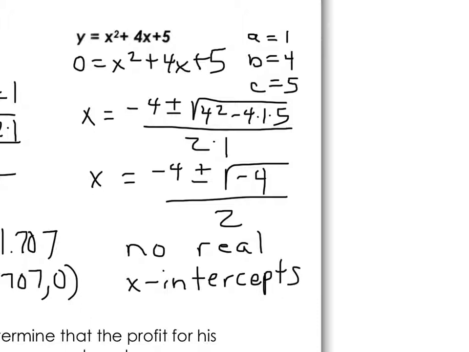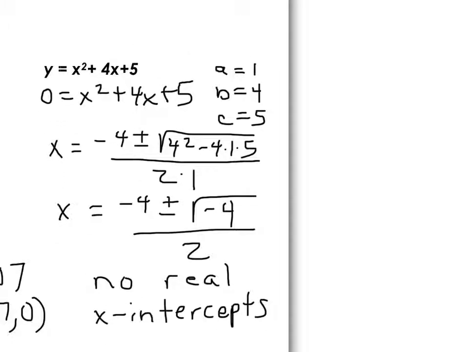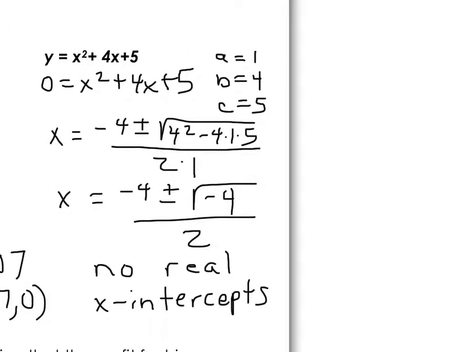Let's see what's going on here. y equals x squared plus 4x plus 5. I want to think about what this graph looks like. Does this graph point upward or downward? It opens upward because a is positive. What is the vertex?